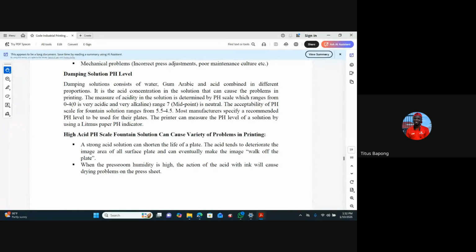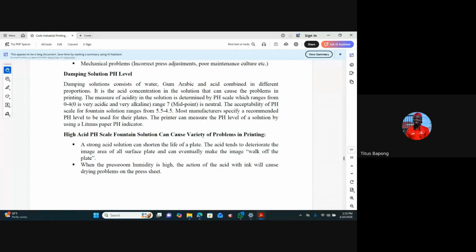The measure of acidity in the solution is determined by the pH scale, which ranges from 0 to 14, where 0 is very acidic, and 7, which is the mid-range, is neutral. The acceptable pH range for fountain solution is from 4.5 to 5.5.